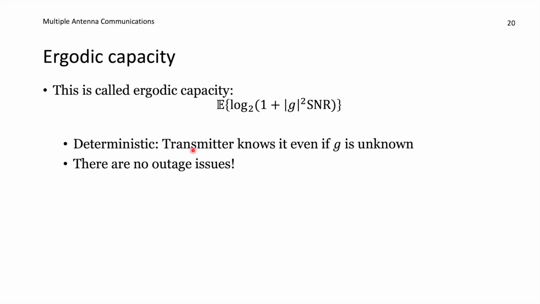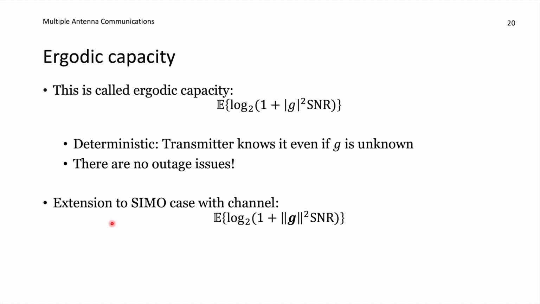So even if the transmitter doesn't know the channel G, it knows the average value, this ergodic capacity value. So therefore it can select this rate, R, to match with this. So now there are no outage issues anymore. The transmitter knows perfectly how to encode this information. We can extend this to the SIMO case as well. Then we just replace the absolute value square of the channel with the squared norm of the vector channel in this case.